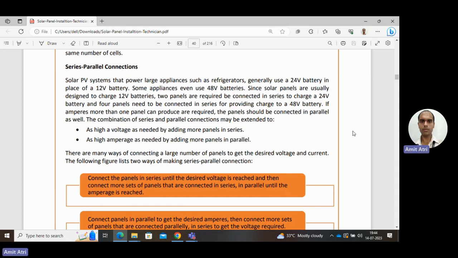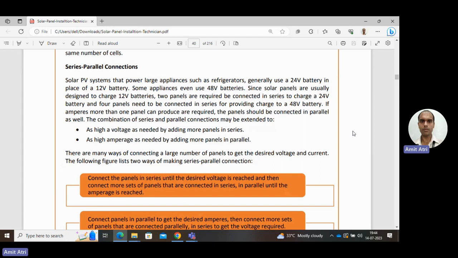If the solar panels are usually designed to charge a 12-volt battery, then two panels will be required, both connected in series, because in total we want to charge a 24-volt battery. So we need two 12-volt panels, both of them connected in series.